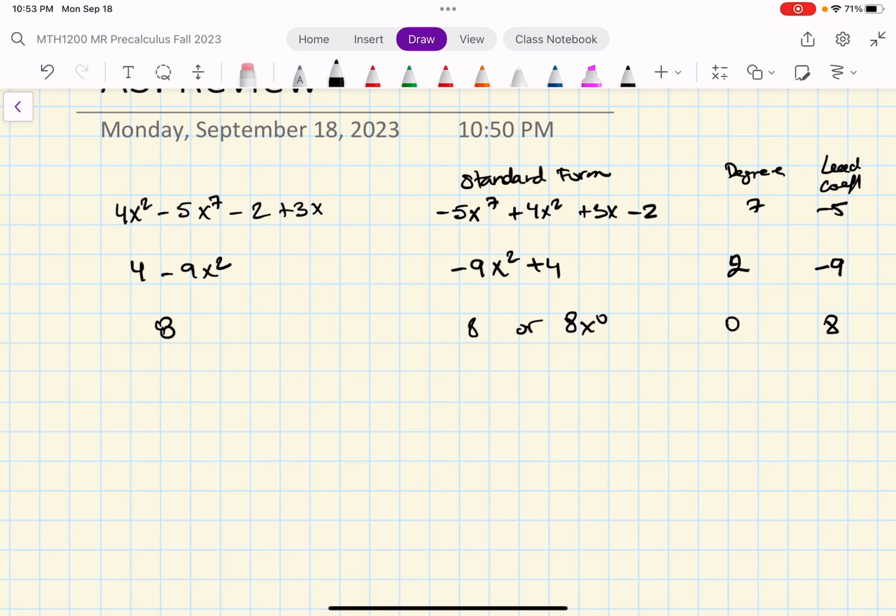Okay, so when it comes to operations with polynomials, the operations that we are going to focus on right now are addition and subtraction.